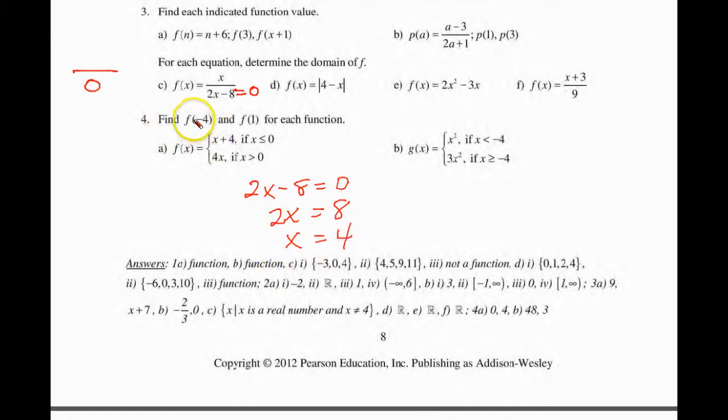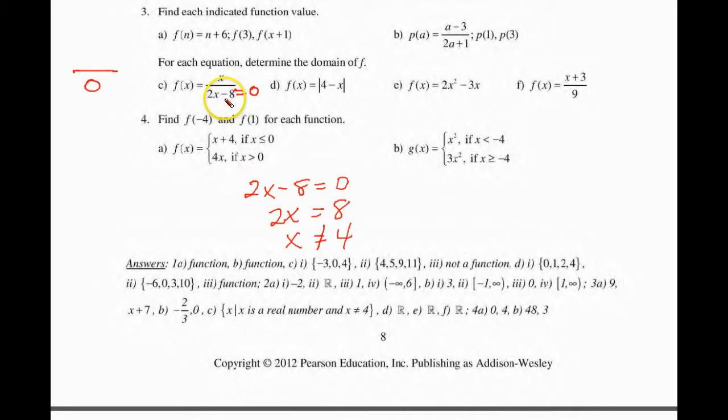So your domain for this particular fraction can be any number, but it cannot be a 4. Because if we put a 4 there, 2 times 4 is 8. 8 minus 8 makes our denominator a 0.